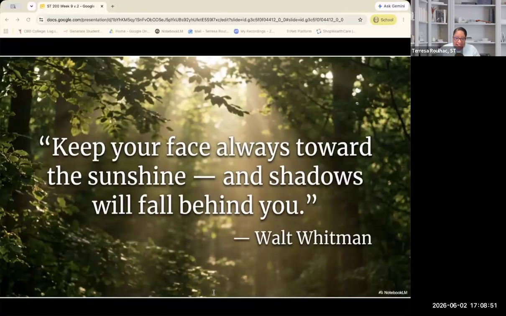But sunshine in this context is your preparation, it's your discipline, it's steady review, it's showing up even when you are unsure. When you focus on what you can control, reviewing objectives, practicing critical thinking, asking questions, the anxiety naturally will move behind you. It does not disappear, it just stops leading.